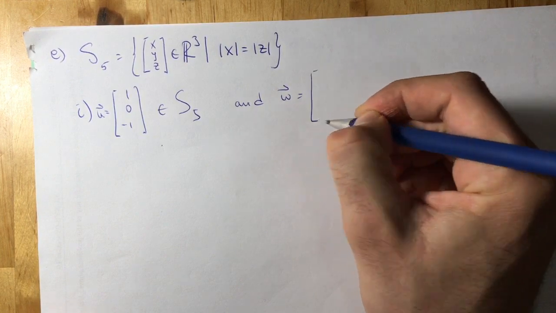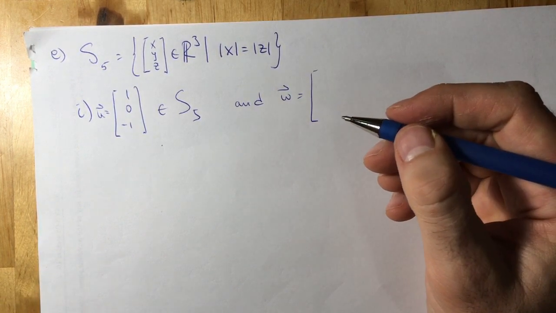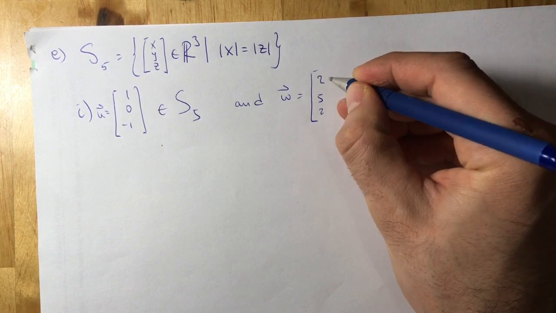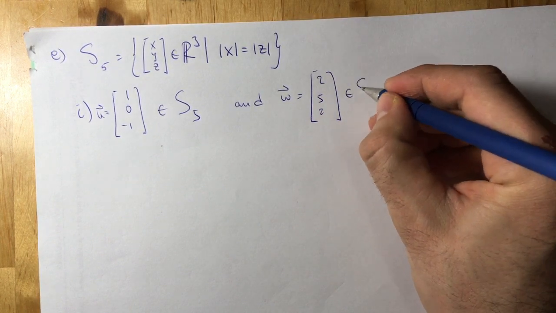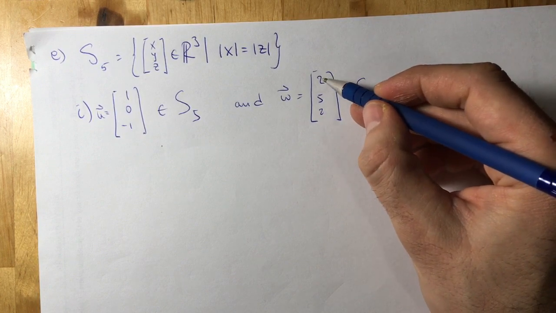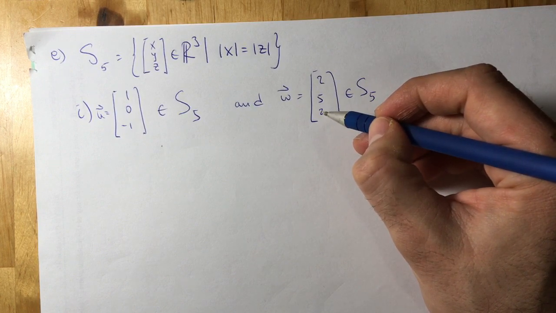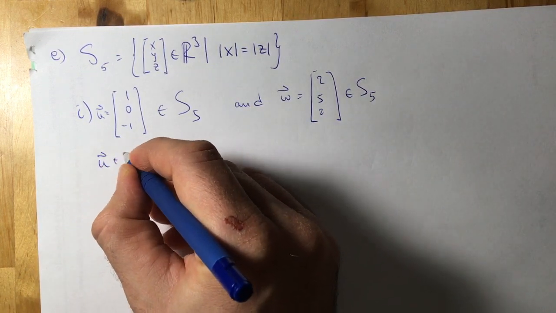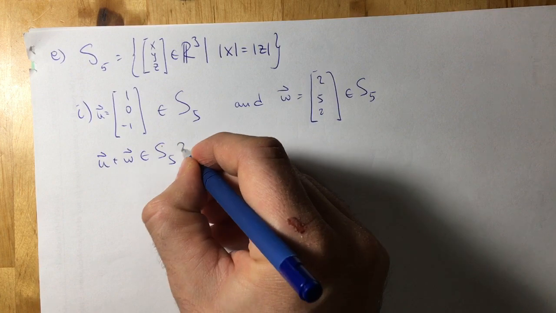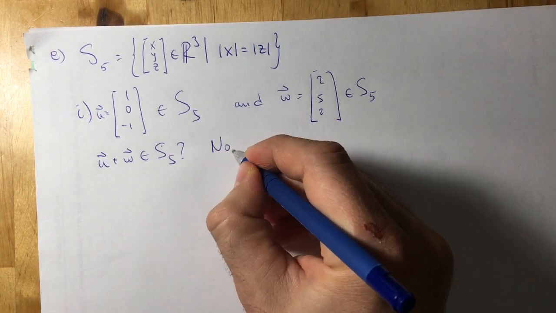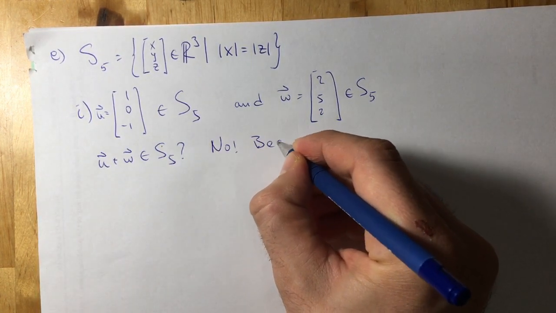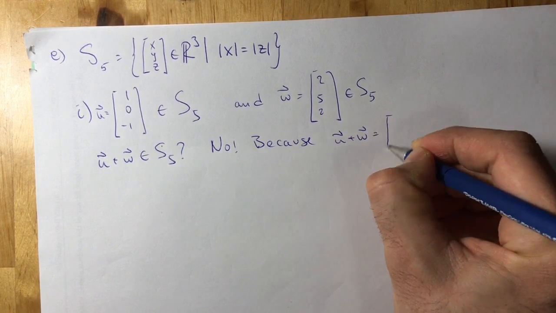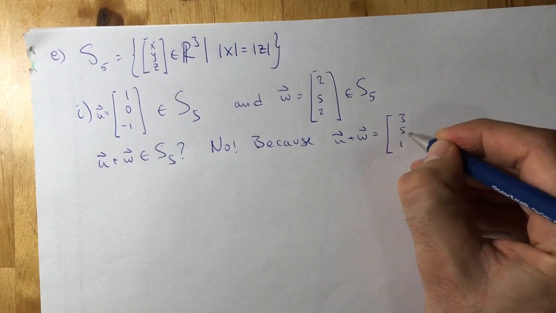is equal to the vector 2, 5, 2. And this vector is in S5 because absolute value of 2 is equal to absolute value of 2. Okay, now the question is whether u plus w is in S5, and the answer is no, because u plus w is equal to 3, 5, 1.